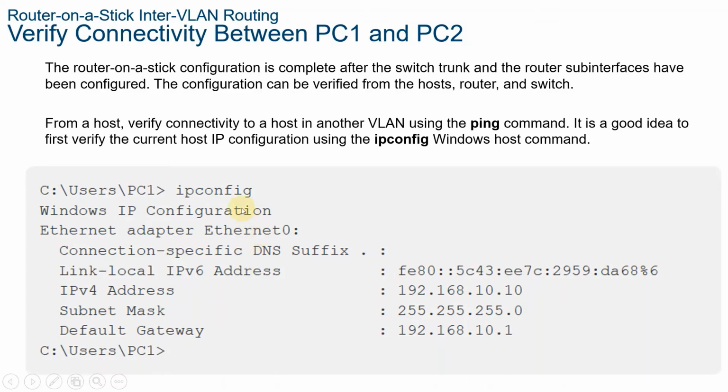From a host, verify connectivity to a host in another VLAN using the ping command. It is a good idea to first verify the current host IP configuration using ipconfig, as shown here. Ipconfig will display the assigned IP address, the subnet mask, and the default gateway.